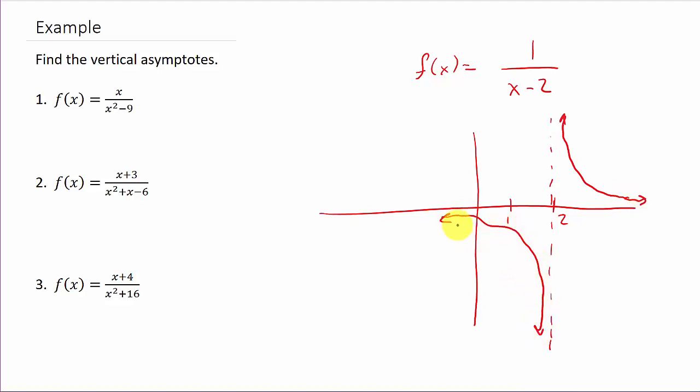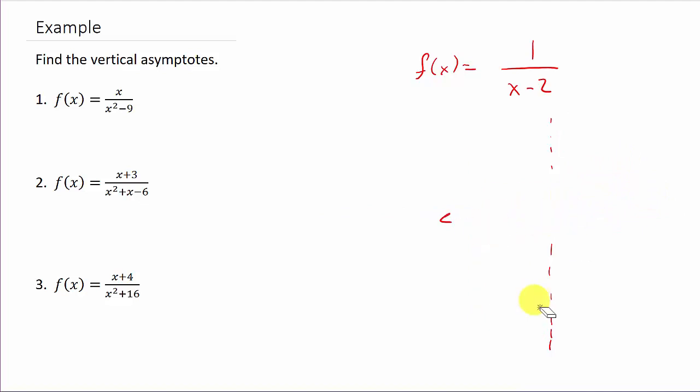The graph will never touch or cross that vertical asymptote. That's what we're finding. Some graphs have one, some have none, some have maybe two, or three maybe. But that's what a vertical asymptote is.